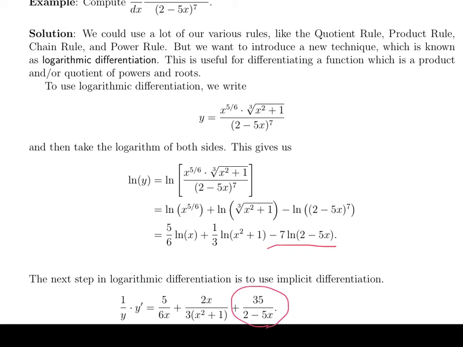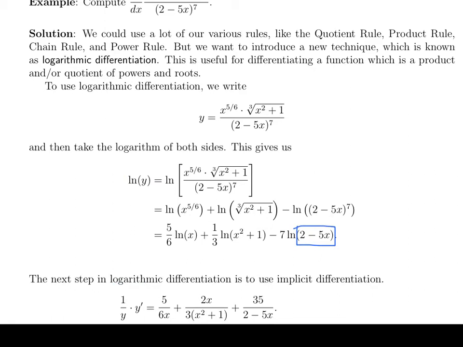So you might ask, where's that 35 coming from? Well, to start with, we're differentiating a log function, and the derivative of that log function is 1 over that thing. And then we have to multiply by the derivative of the inside. Now let's look carefully at what the inside is. It's 2 minus 5x. So what happens when you differentiate 2 minus 5x?